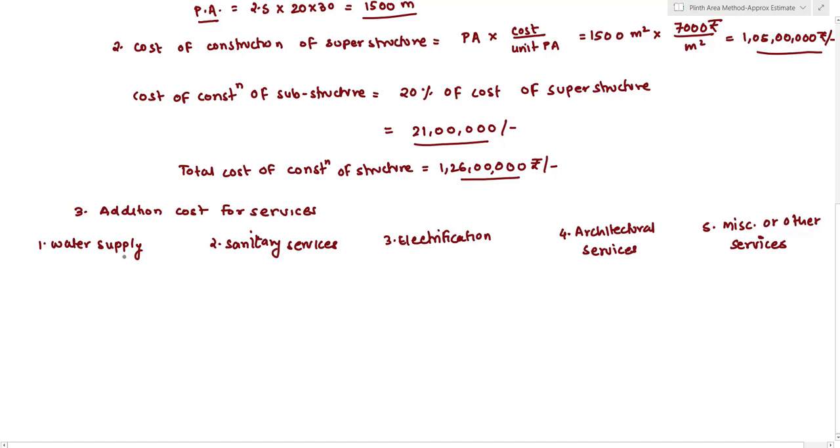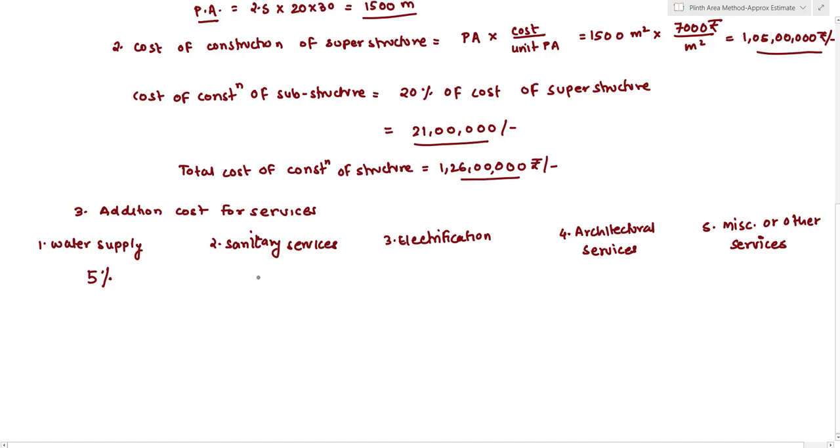So for water supply system, we have to provide water to a particular structure. So for this water supply system we'll have to consider a certain amount in reserve. And for construction of a water supply system, we have to consider 5% of the total cost of construction of a structure to be kept in a reserve.